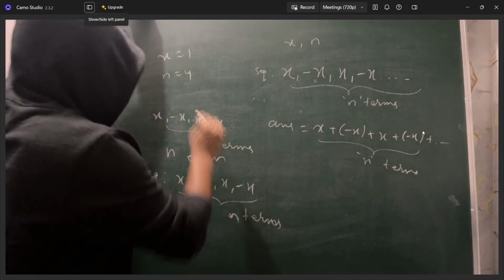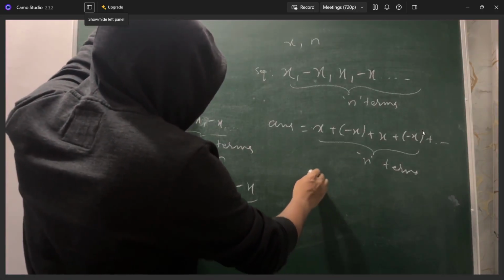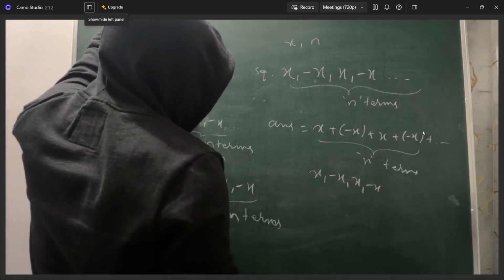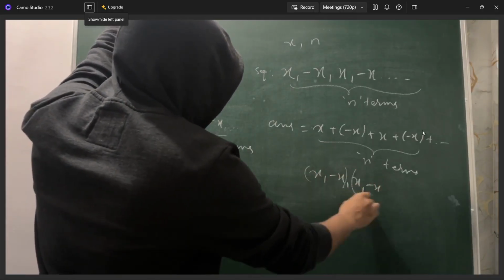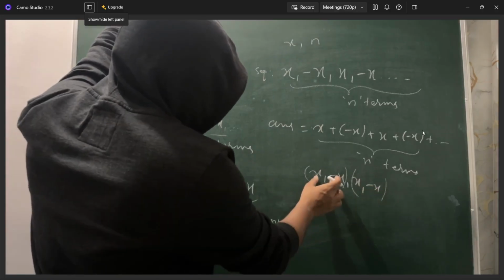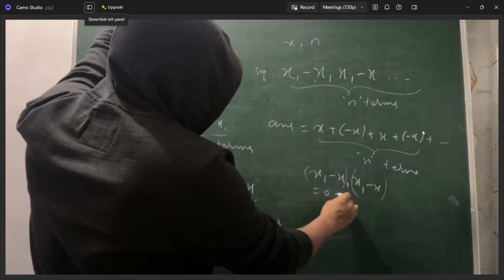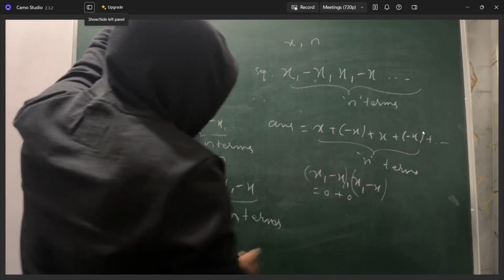Why did I say that? In this case, when n is 4, you had this as the sequence. As you can see, this will make one pair, and this will make one pair. Why make pairs? Because x and minus x get cancelled and the value is 0. In the same way, this value will be 0.